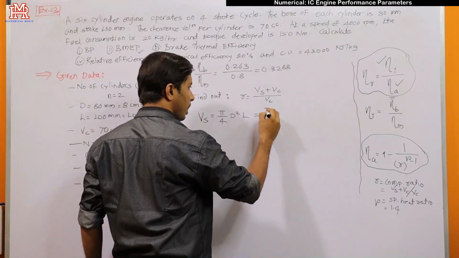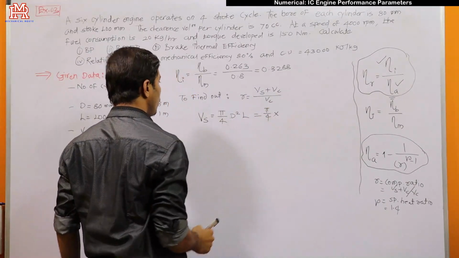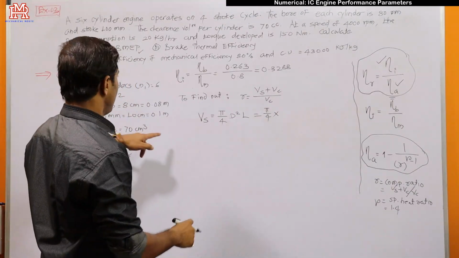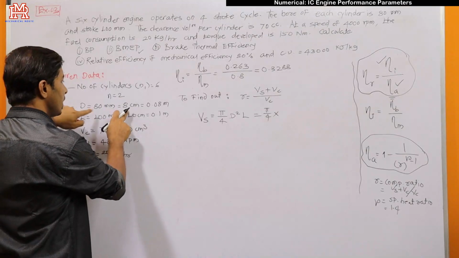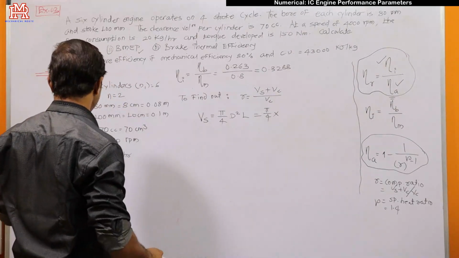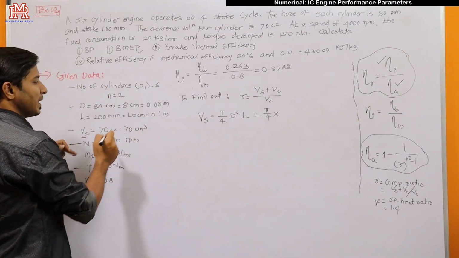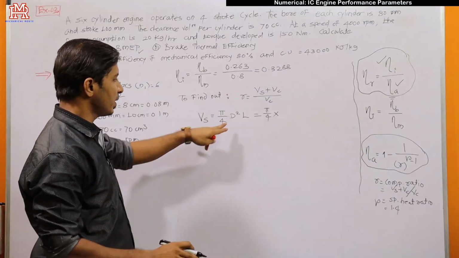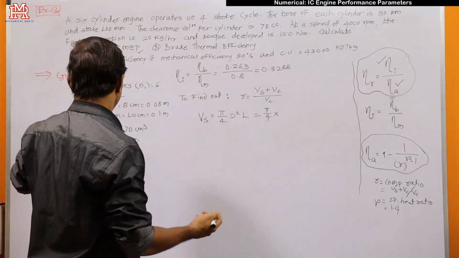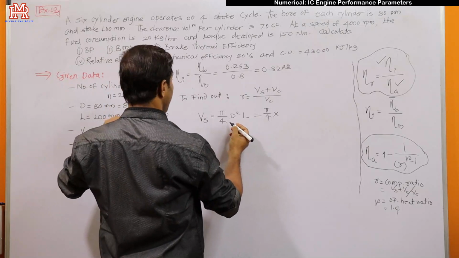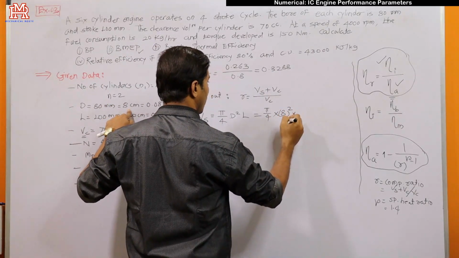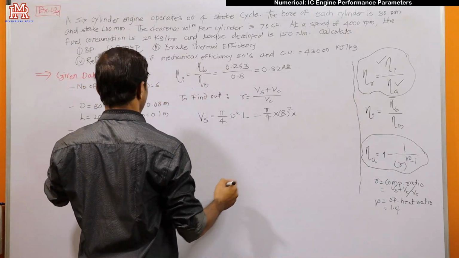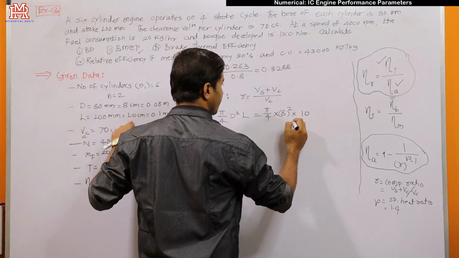So this is equal to pi by 4 into d. Diameter is given. Now we will consider this in centimeters because this clearance volume is given in centimeters. So we will simply consider this diameter in centimeters. This d is nothing but 8 centimeters. So this is 8 square into L, which is 10 centimeters.